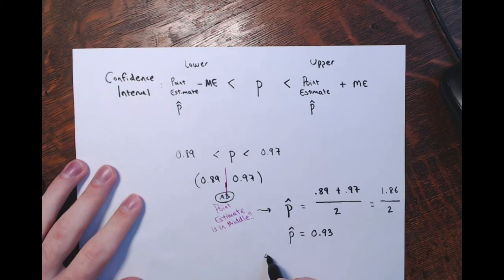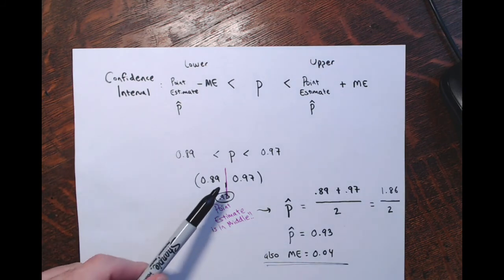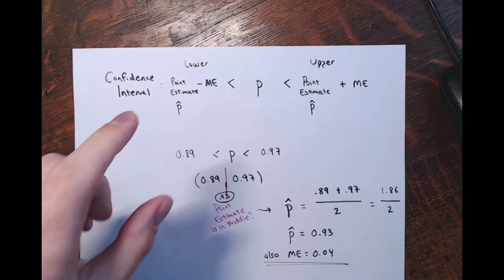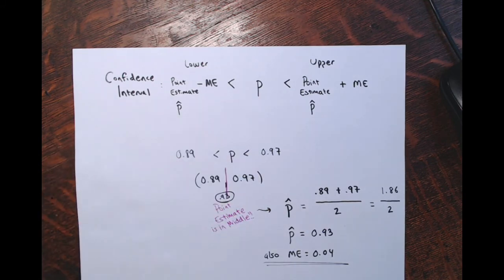So the margin of error is 0.04. Another way to state this confidence interval is that the proportion of all accountants that double check their work is 93%, give or take 4%: 0.93 plus or minus 0.04.